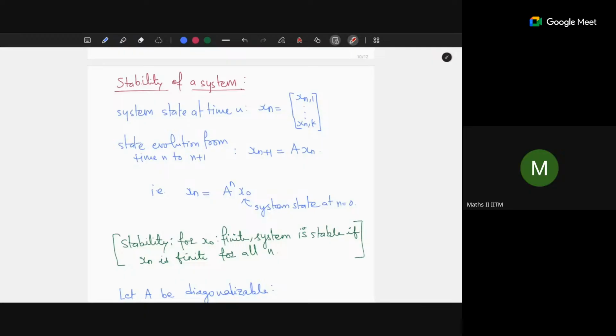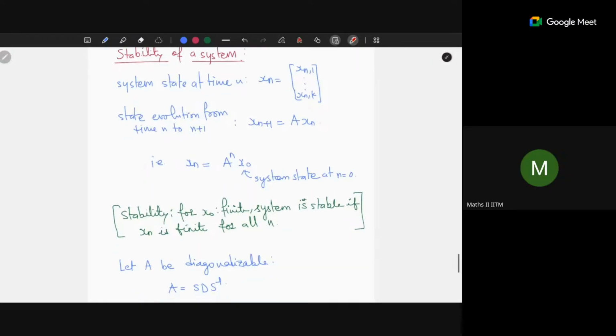Suppose you have such a model, and you have modeled it in terms of this matrix, where the system at time n is given by this column, and the evolution from time n to n plus 1 is given by this relation: you multiply the nth state by A, and then you get the n plus 1 state column.